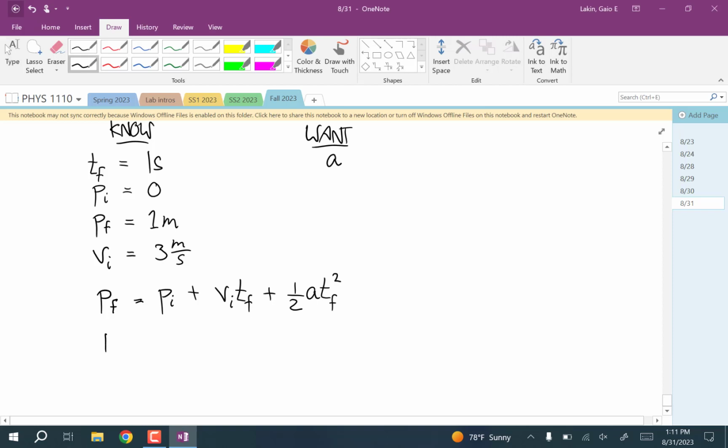Okay, so 1 is equal to 0 plus 3 times 1 plus 1/2 times A times 1 squared.